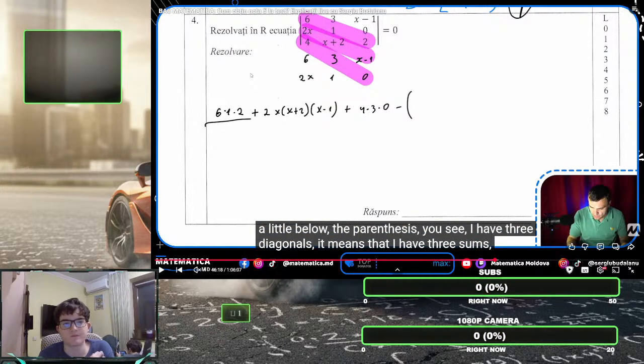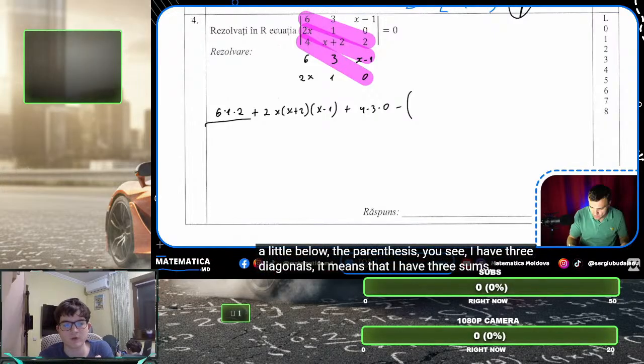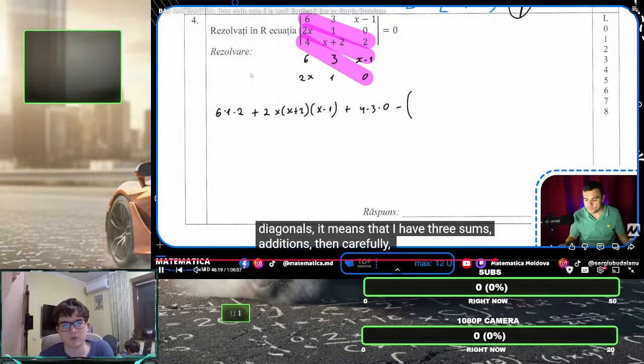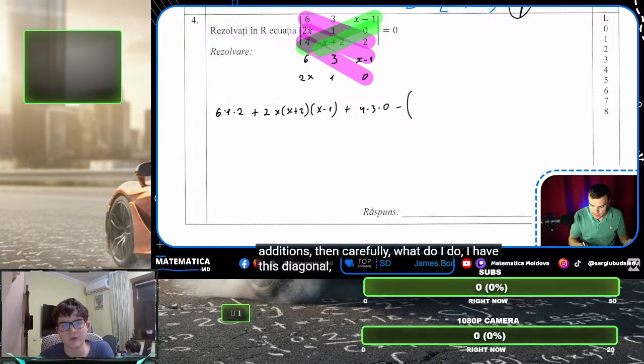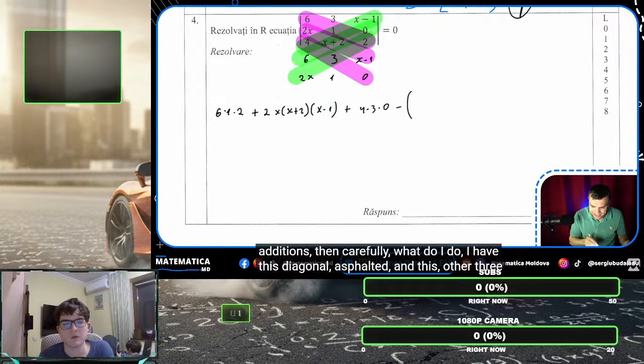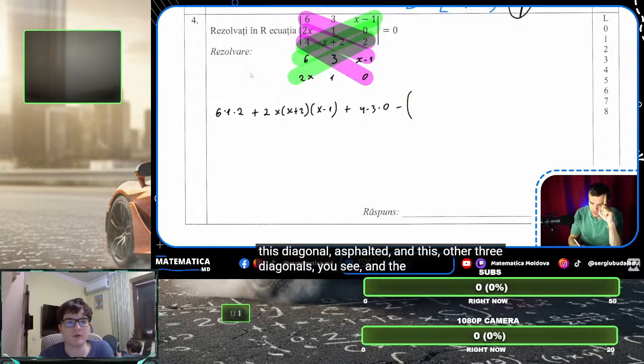So yeah, you're gonna have first one 12, and then that one is gonna be 2x to the second power plus 4x, and then multiply that, and then the third one is 0. And now you do minus and in parentheses, the same thing with all that stuff he highlights with green right there.